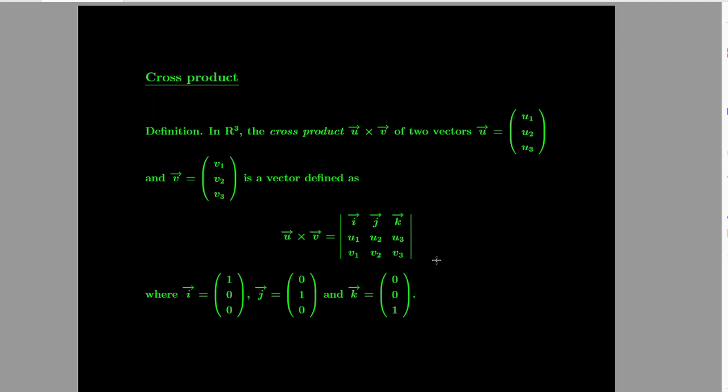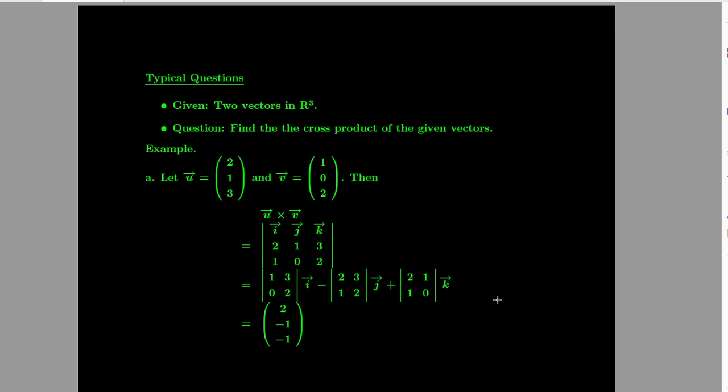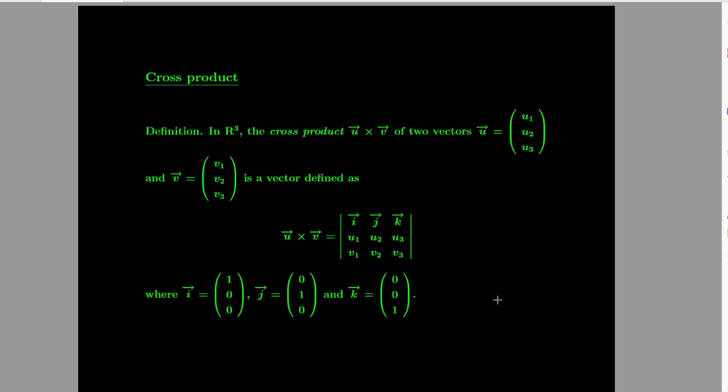But now let's concentrate on how to compute the cross product, and then we talk about the geometric meaning and everything. The calculation is not too hard. I think all of you have no problem computing determinants. Now we move on.